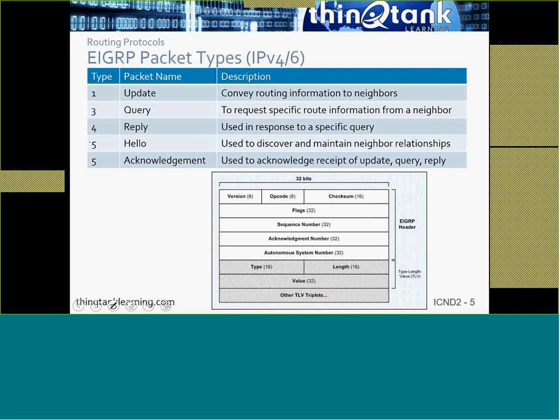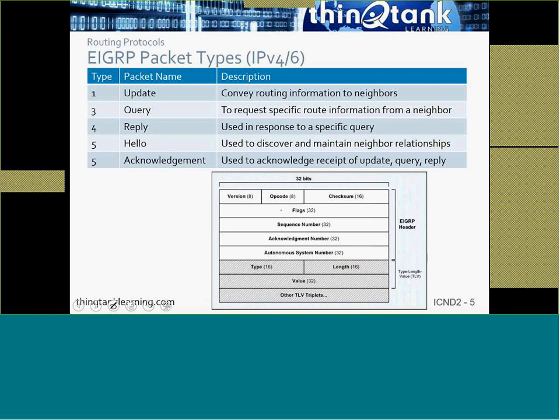All right? Now, throughout this course, we've been looking at headers, right? We looked at a data link layer header in detail. We looked at packet headers in detail. We looked at transport layer headers in detail. Well, this is an EIGRP header. I'm not going to pull one up in Wireshark because we don't have EIGRP in our environment here live, but let's go ahead and take a look at what the header looks like. Version. Naturally, there's a version field because we have EIGRP for IPv4 and we have EIGRP for IPv6, okay?